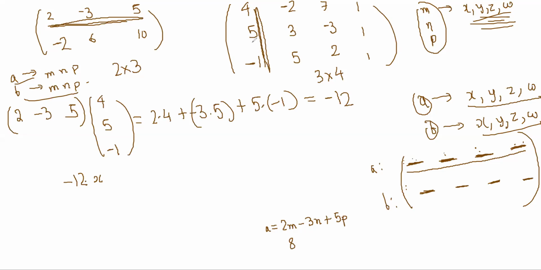And n had 5x, so minus 15. And p had minus 1, so minus 5. So minus 12 x's have come. Finally, A will have minus 12x. I put the whole value of m, n, and p in that equation, and it comes to minus 12.